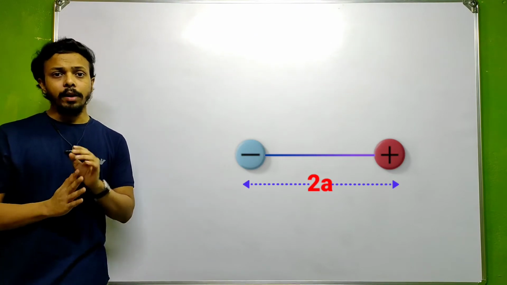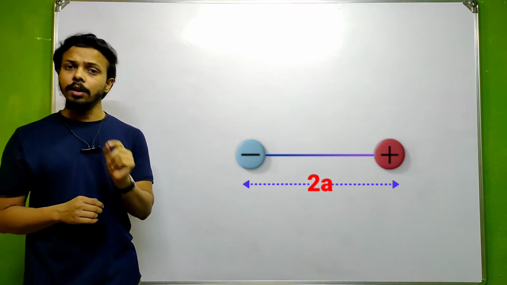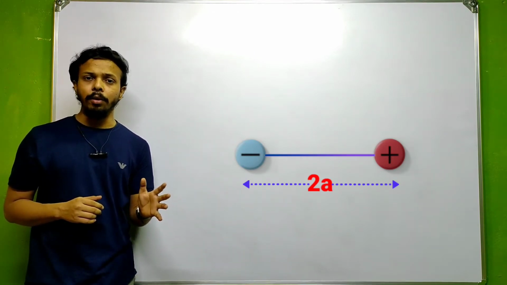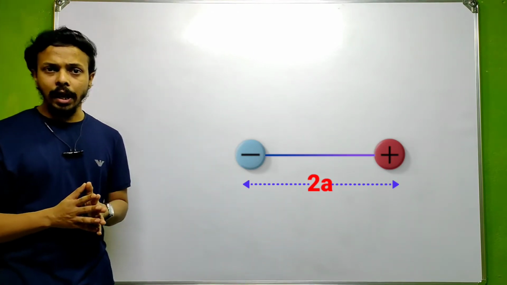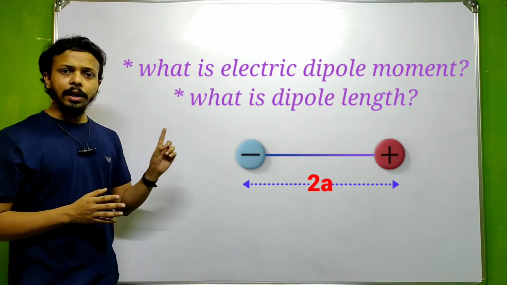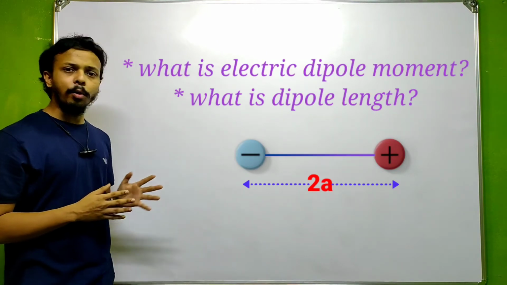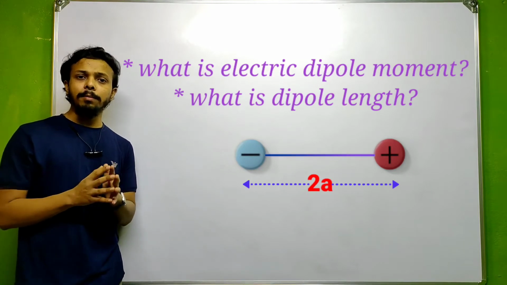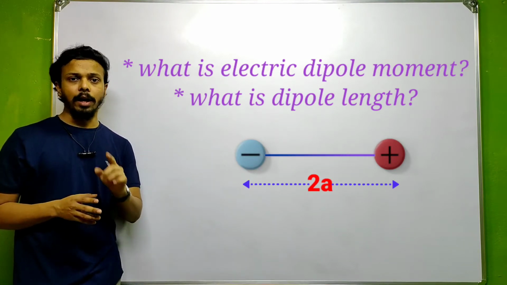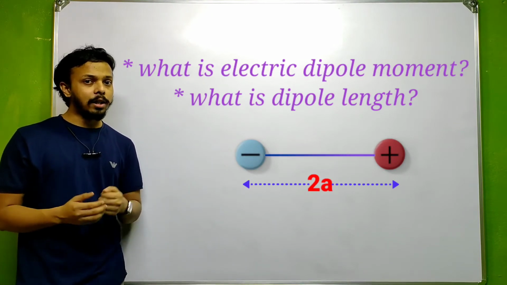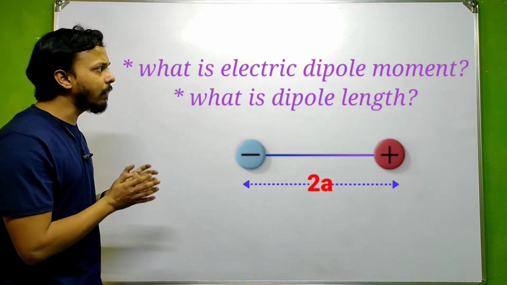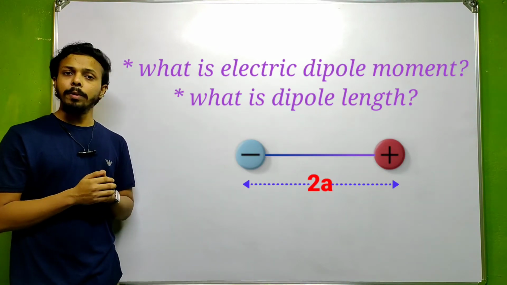Now let us try to understand some terms related to the electric dipole, such as what is the electric dipole moment and what is the dipole length. Let us understand what is meant by dipole length and dipole moment.